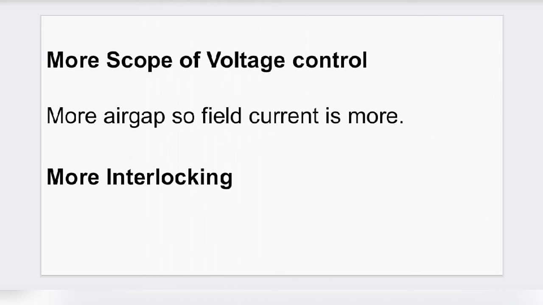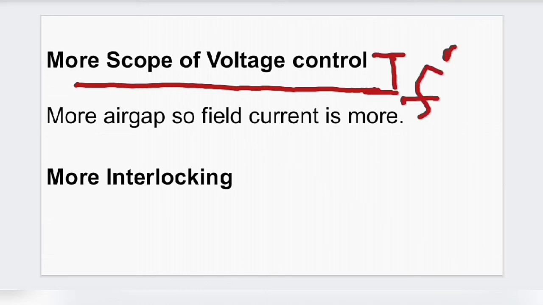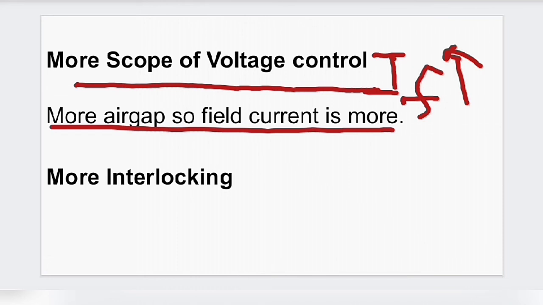Okay, the next slide is more scope of voltage control, or wide range of voltage control. How can we relate this with size? If the size is increased, the air gap increases, so we can put a large amount of field current. Because of the large air gap, saturation is not happening so early.